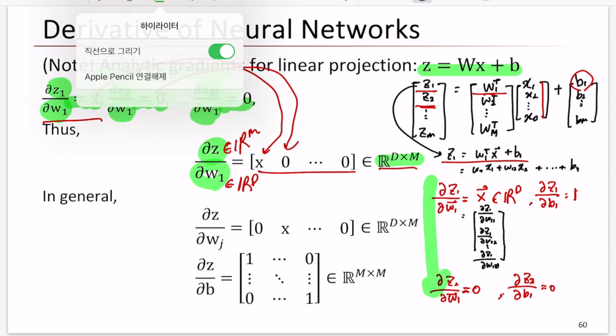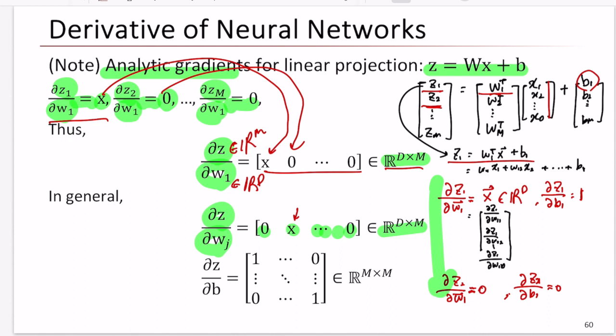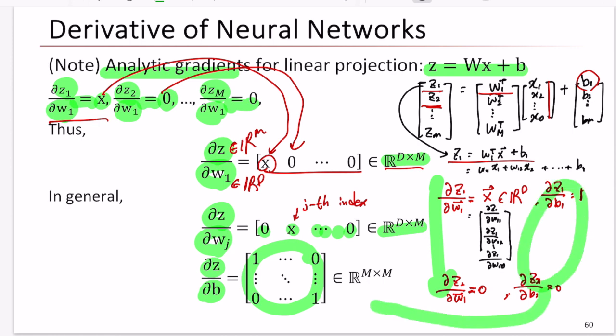Similarly, Z over Wi should be 0, 0, 0, X, 0, 0, 0, a T by M matrix where X is located at the i-th column. In the W2 case, it should be the second index, and so on. And similarly, Z over B is equal to just the identity matrix, in M by M space, right?